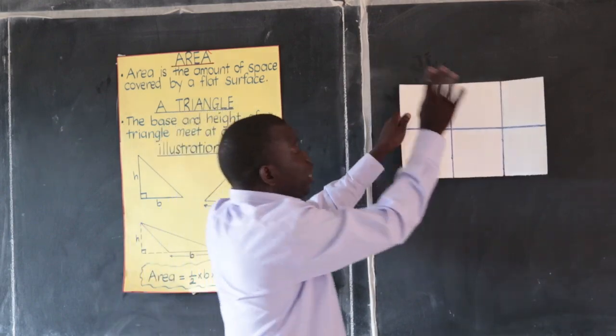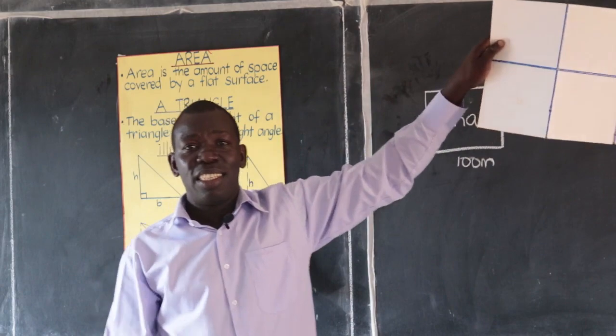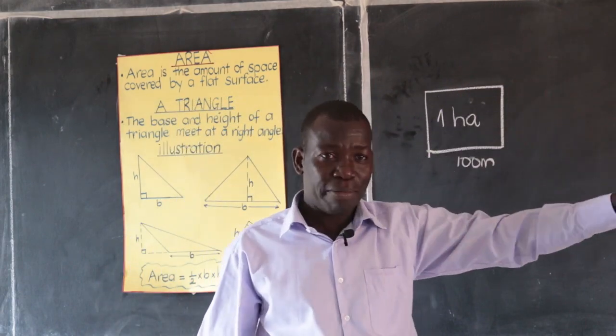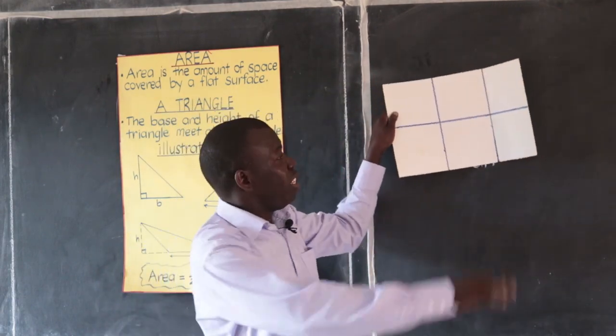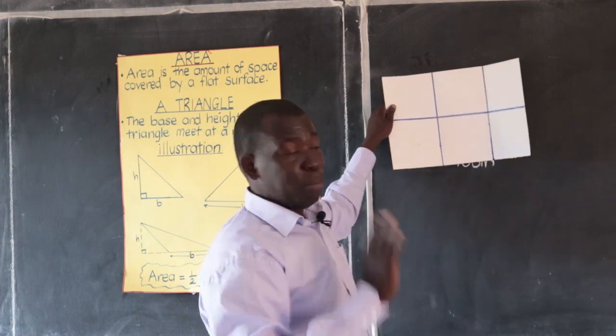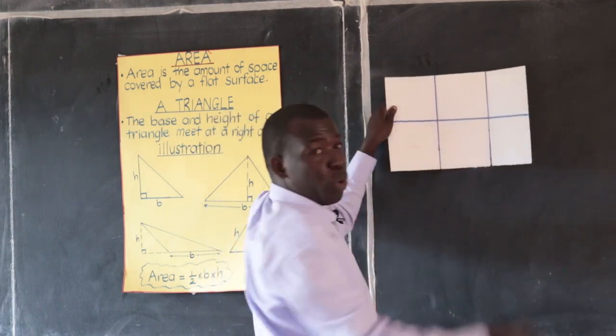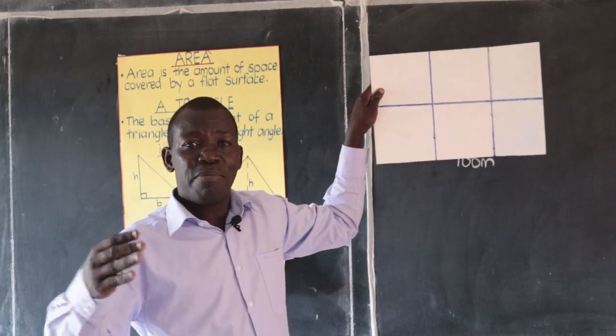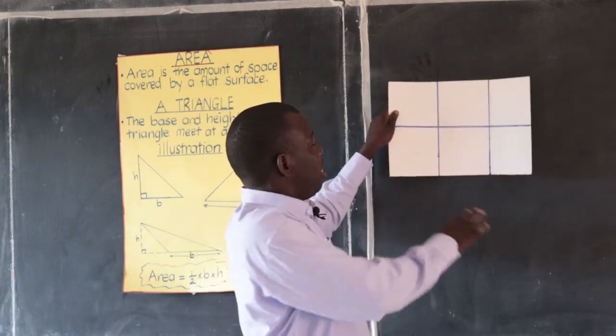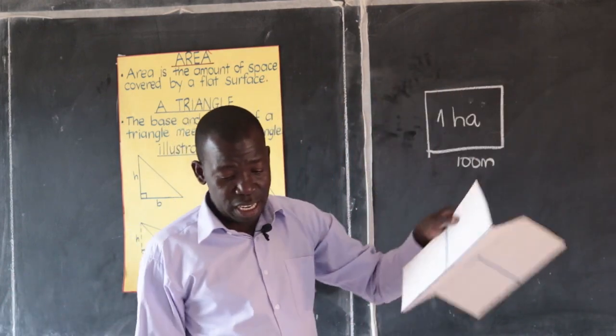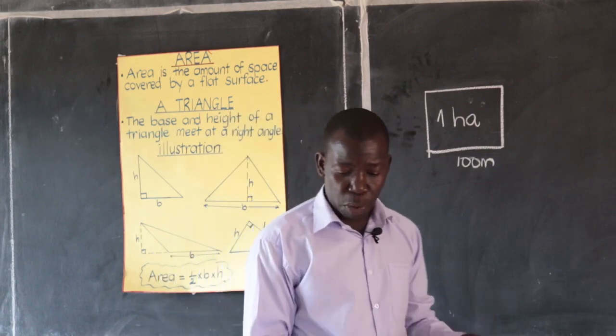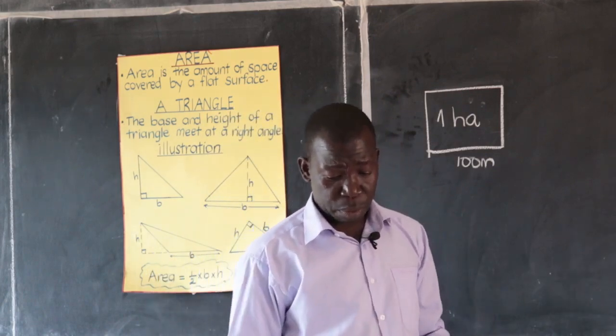So the area of this is 6 square units. If it is in centimeters, you'll say 6 square centimeters because you have 6 squares. If it is in meters, then you say it is 6 square meters, and so on, talking about other units.